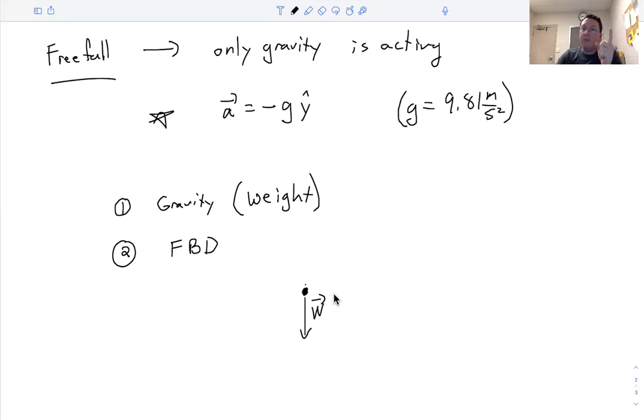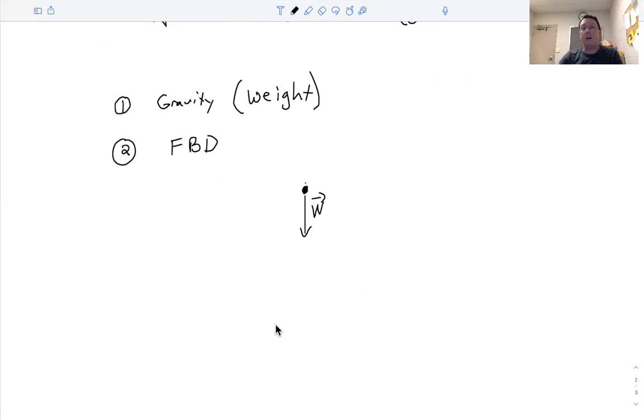Also, remember, every force gets its own arrow. Don't double up, because if you double up, you're sure to eventually start forgetting stuff, and then it's wrong. So, easy free body diagram. And truthfully, for this scenario, because it's so simple, maybe I didn't need that, but it's good to show the process.